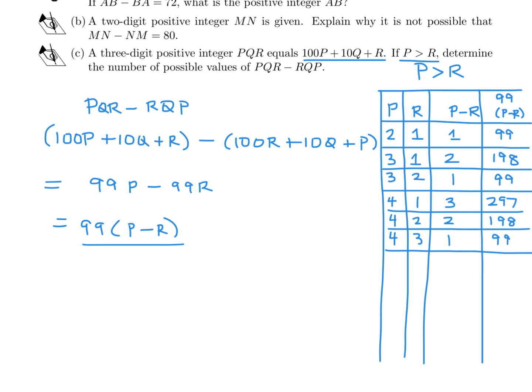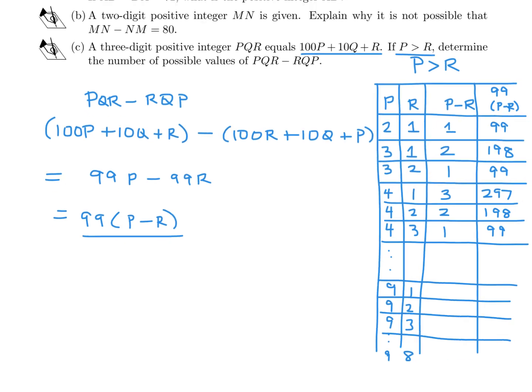So I see a pattern here, basically just multiples of 99. And my question is, how far do we go? I think a dot, dot, dot, all the way up to the largest p can be, of course, is 9. So if we have 9, it will be 9, 1, 9, 2, 9, 3, and so on, all the way up till 9, 8. So let's see what we get for these guys, and I should be able to make a conclusion based on that.